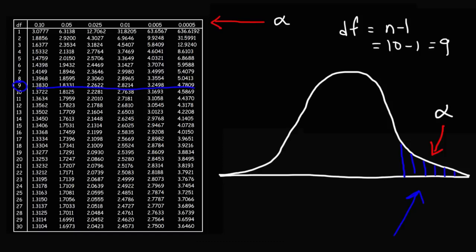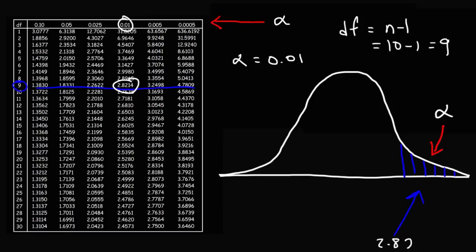Now the next thing we need to look at is our alpha value. So alpha lies only in one side of the curve. And our alpha value was 0.01, which is here. So that means that our t-value is 2.8214, or I'm just going to round it to 2.82.